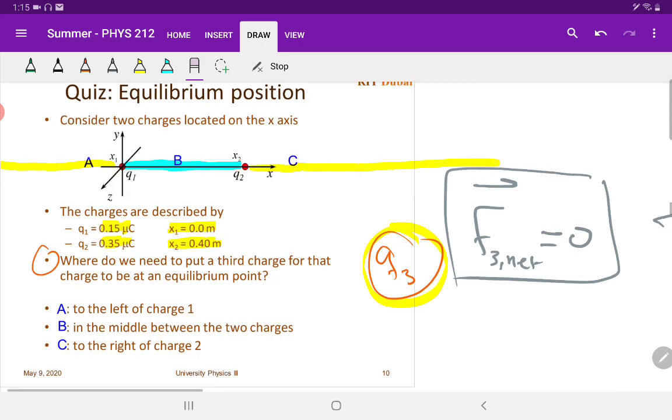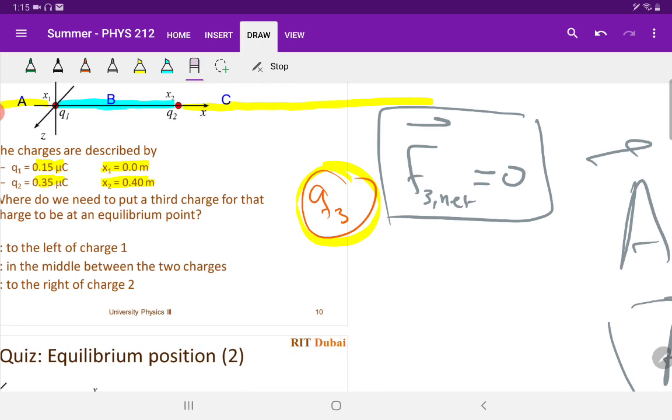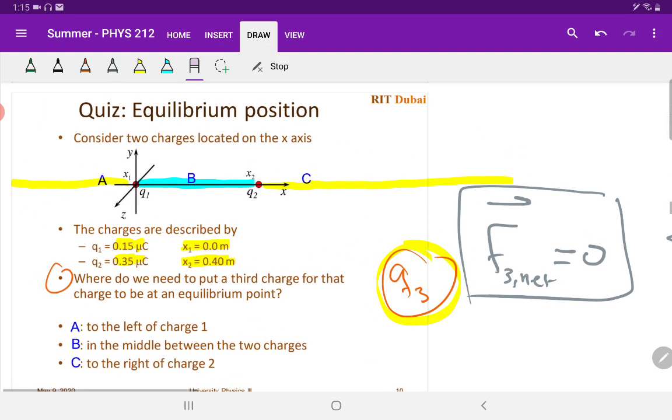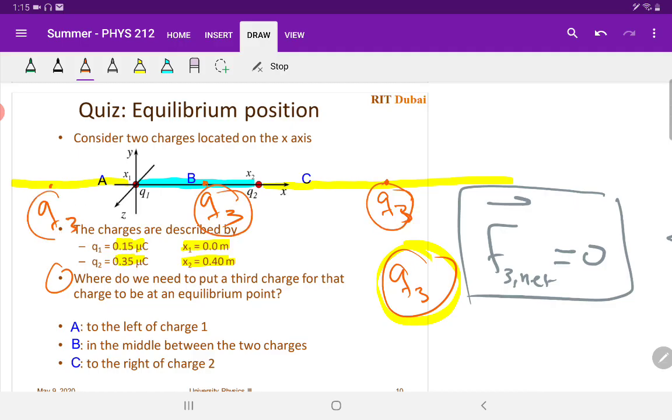Any point in the space, if I place Q3 here, or here, or here, this Q3 will interact with Q1 and Q2. So I will test these 3 different regions and see which one gives me the possibility of a 0 net force.